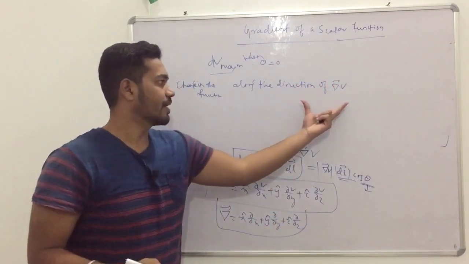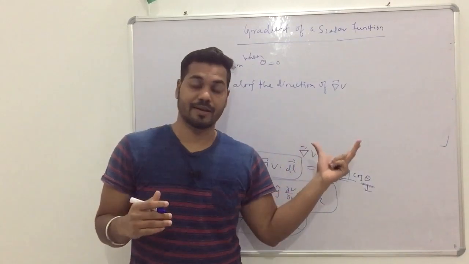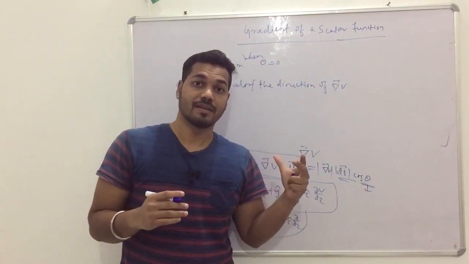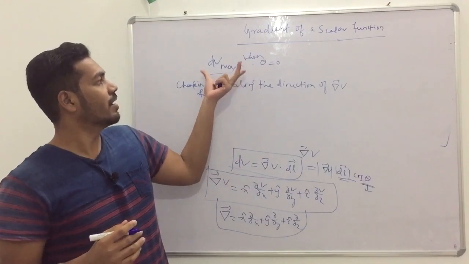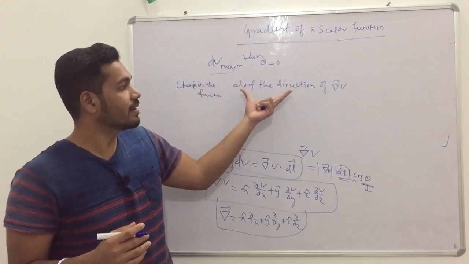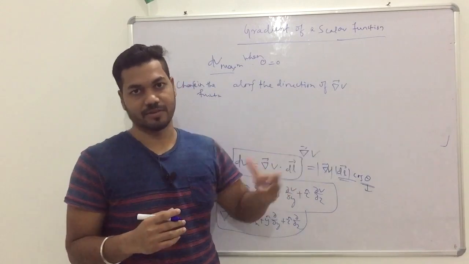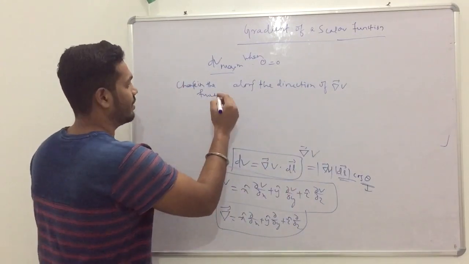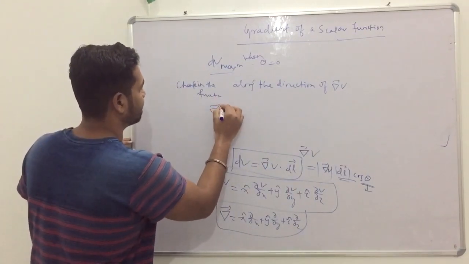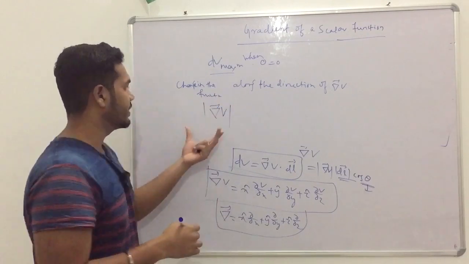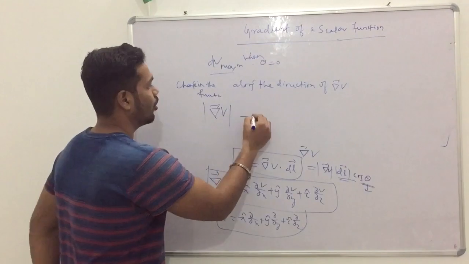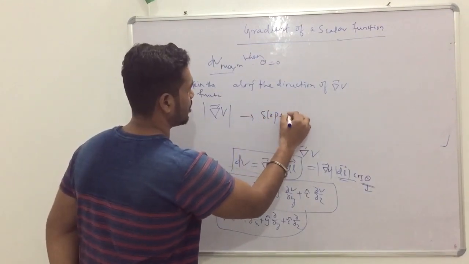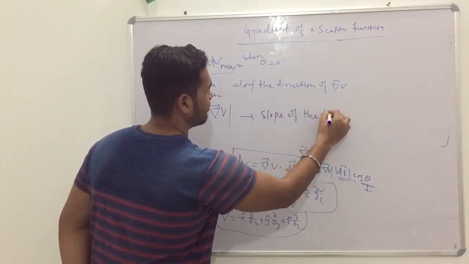Whenever you look at the gradient of a function, the maximum change in the function occurs in the direction of the gradient of the function. From this you can see that the magnitude of grad v represents the slope of the tangent plane.